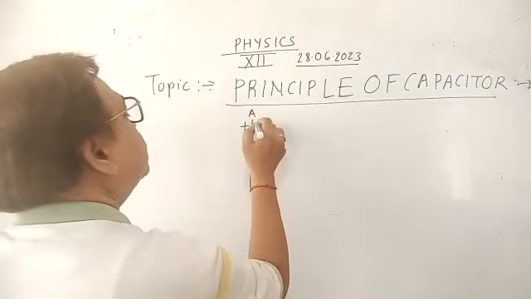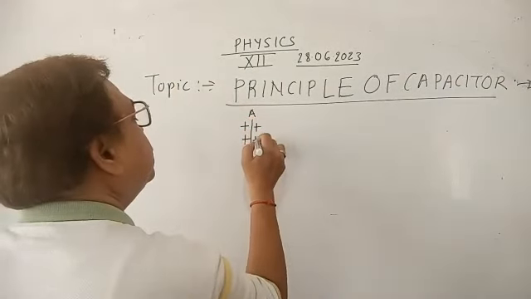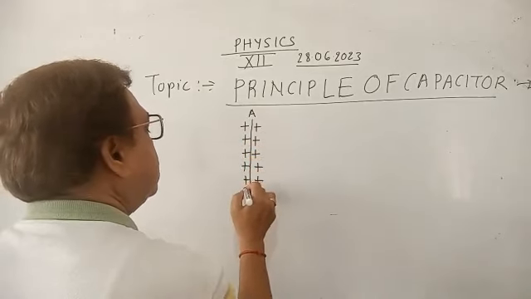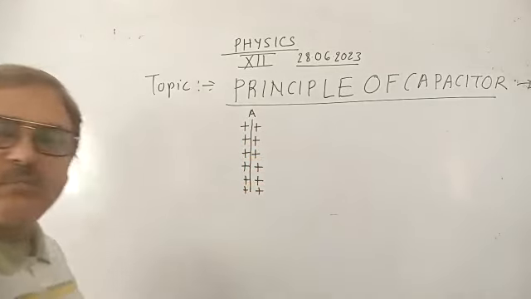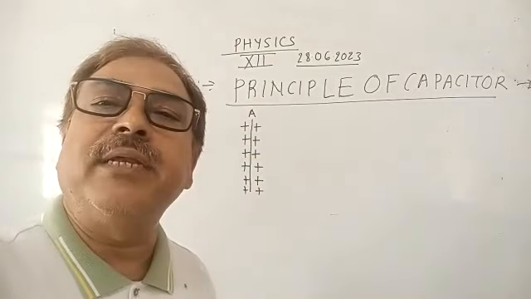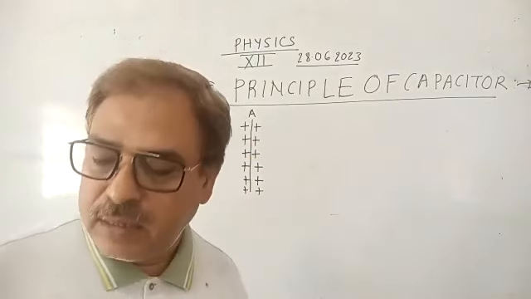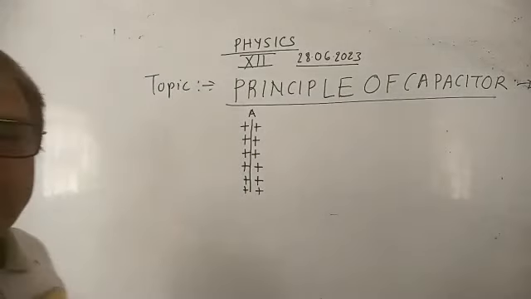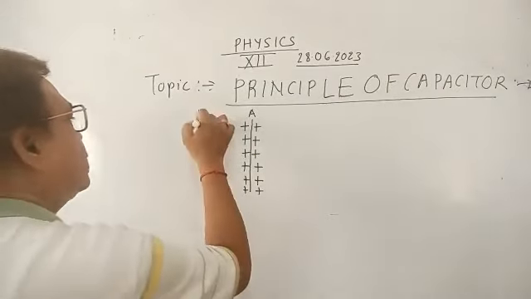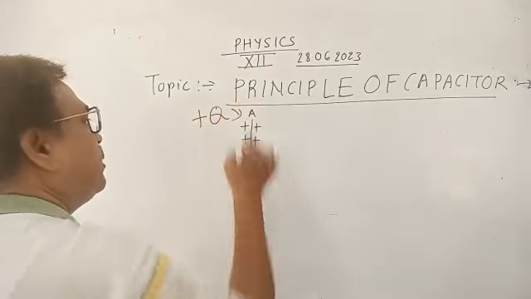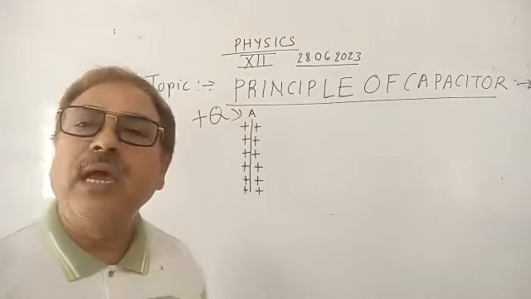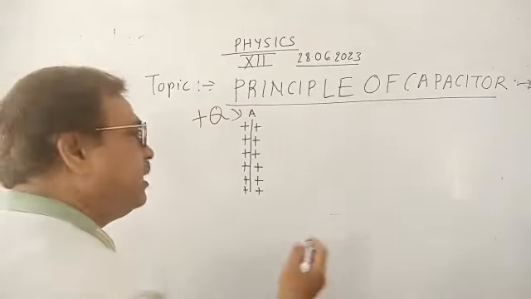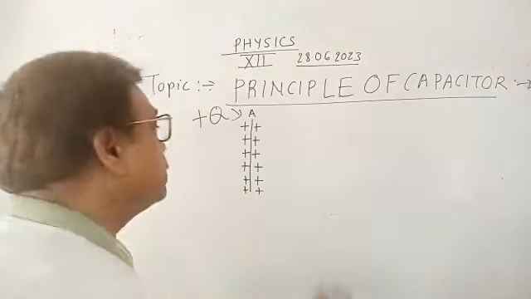And we have given charges over the surface of the capacitor plate. Positive charge is given to the one plate, you may write plus here. And we have taken another identical plate in the neighborhood of the first plate.